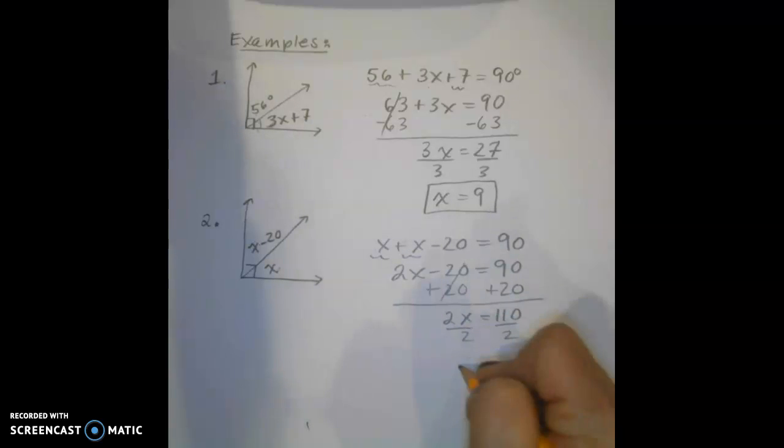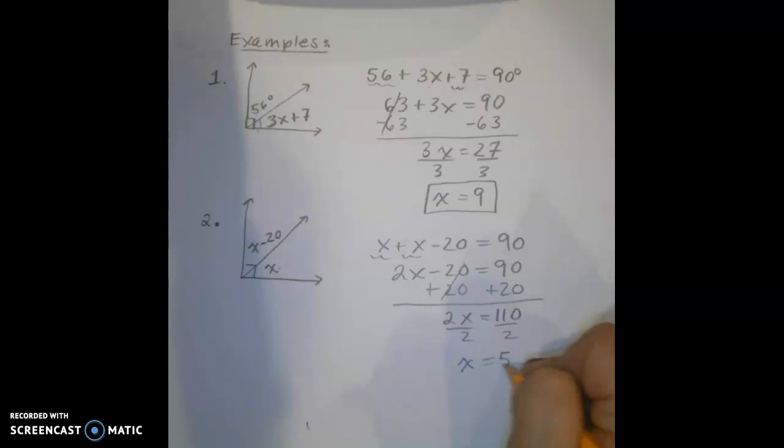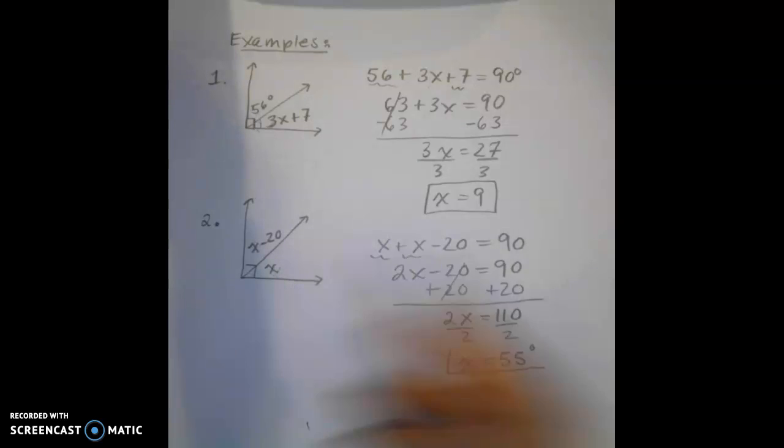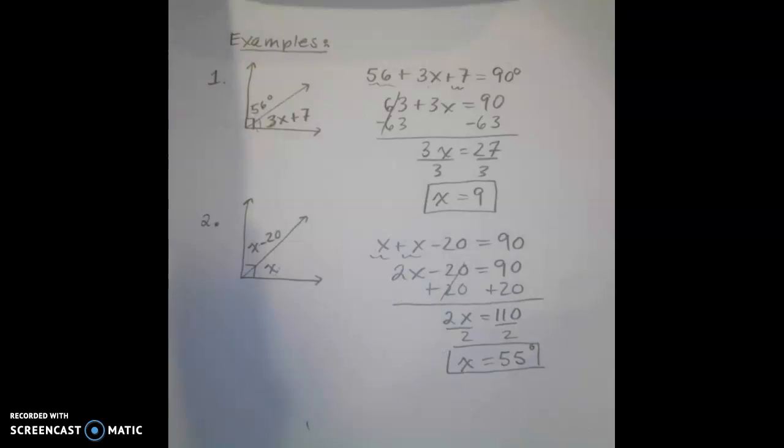Divide by 2, and we get x equals 55 degrees. Or, well, it would be 55 because this is an angle on its own. All right, let's continue with some examples for supplementary.